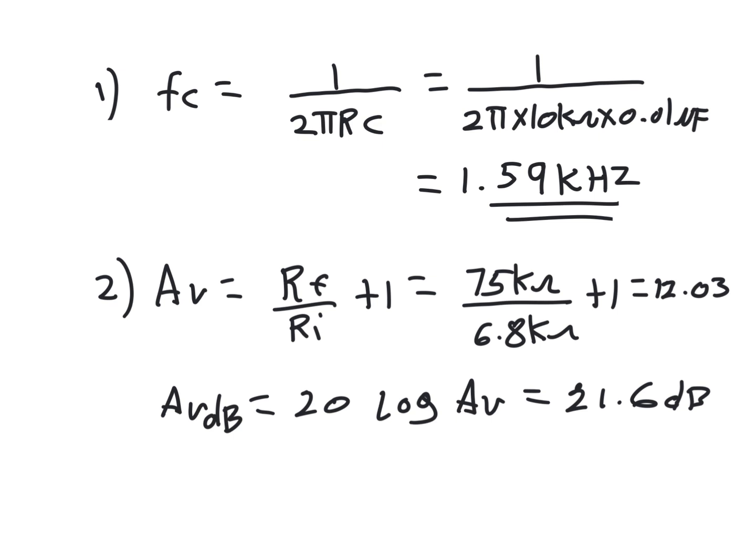And once we know that, then we can calculate the output voltage. So this is the output voltage, and let's call that PB. That's the output voltage in the passband. So that's going to be equal to Vin times the voltage gain.